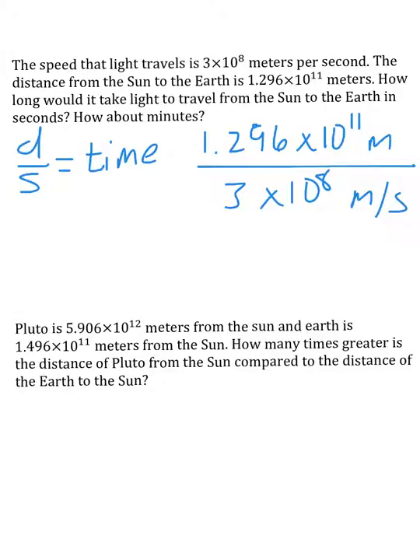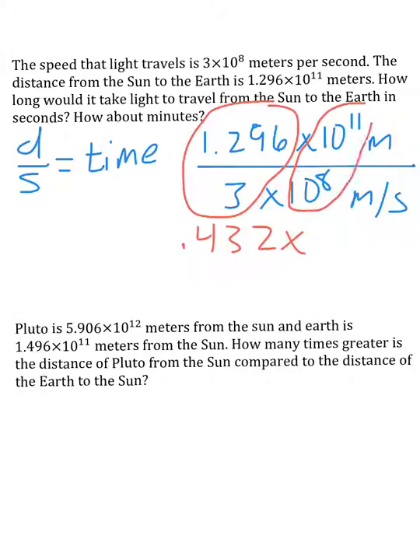Well, if we take our 1.296 divided by 3, that will give us 0.432 times 10 to some power, right? And then we take our 10 to the 11th divided by our 10 to the 8th. We subtract those. 11 minus 8 is 3, so we end up with 10 to the 3rd. And this is going to be in seconds.